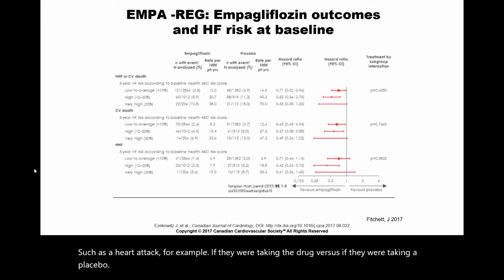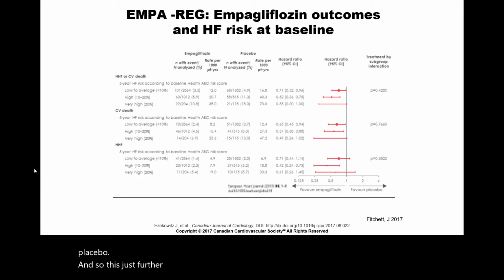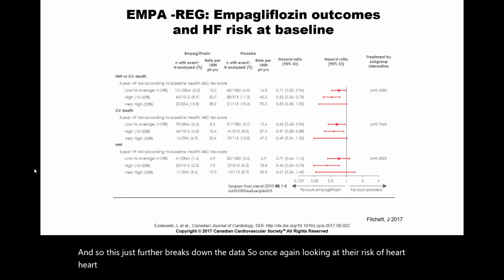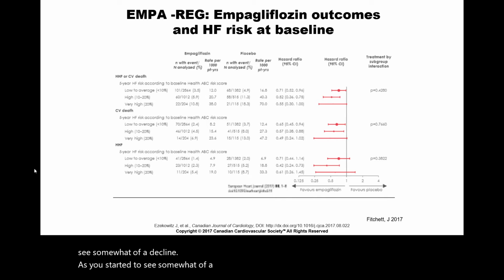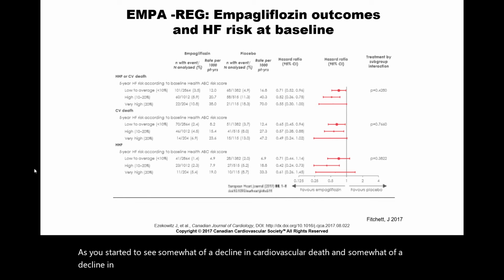And so this just further breaks down the data. Once again, looking at the risk of heart failure related hospitalization or cardiovascular death, you started to see somewhat of a decline in cardiovascular death and somewhat of a decline in heart failure hospitalization.